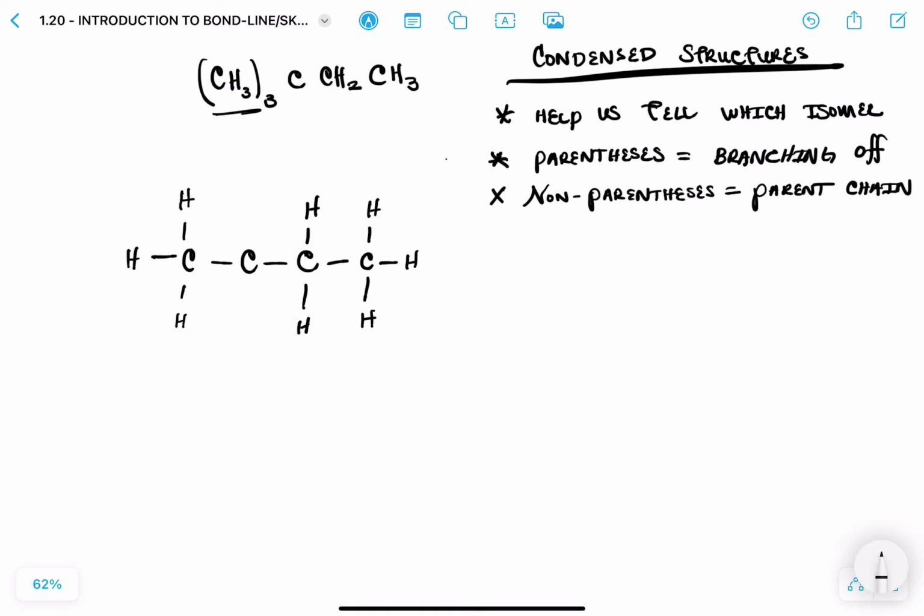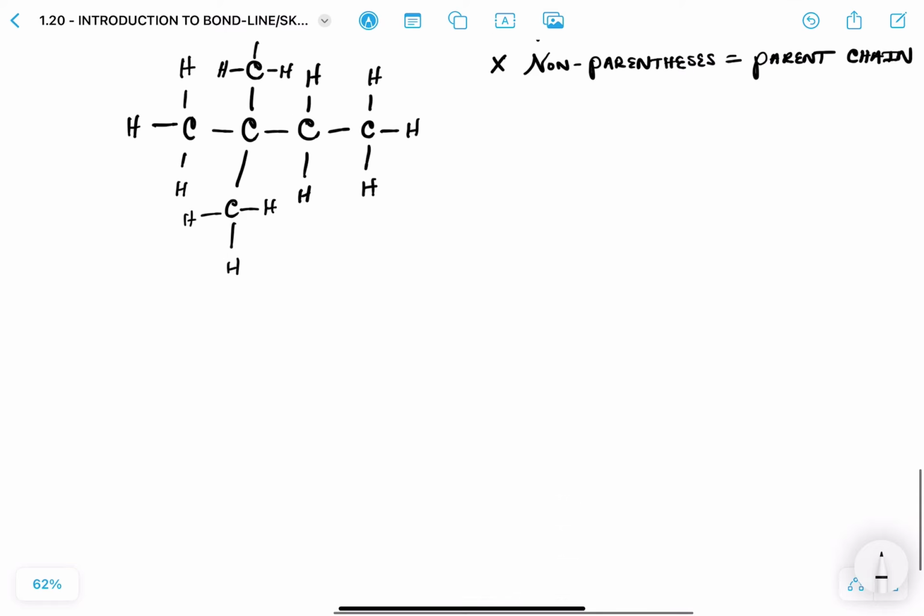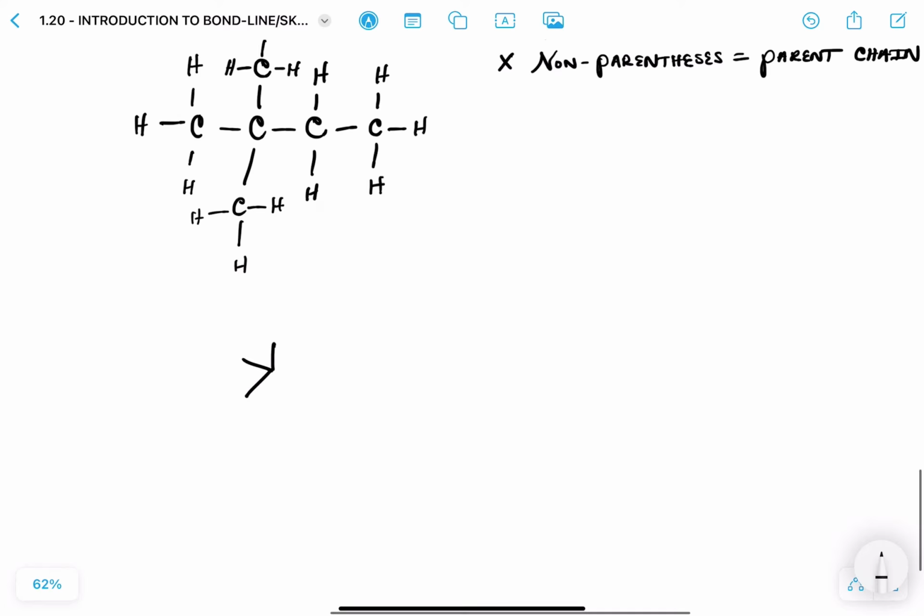And so this is the first CH3 branching off. We're going to need two more CH3s branching off. Now you can see how messy this is, so we're going to draw the skeletal structure there.